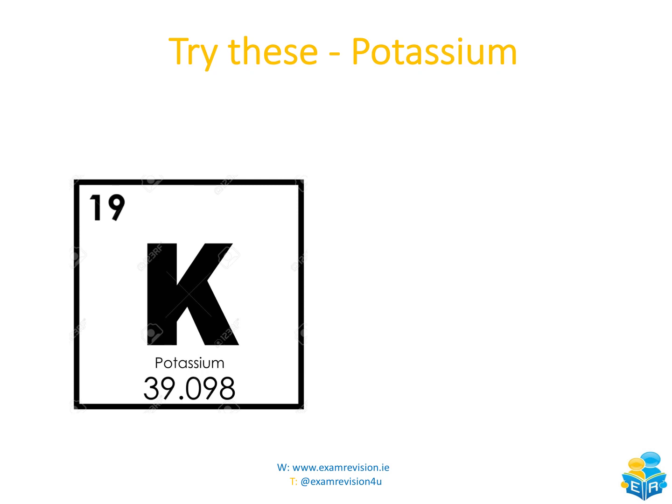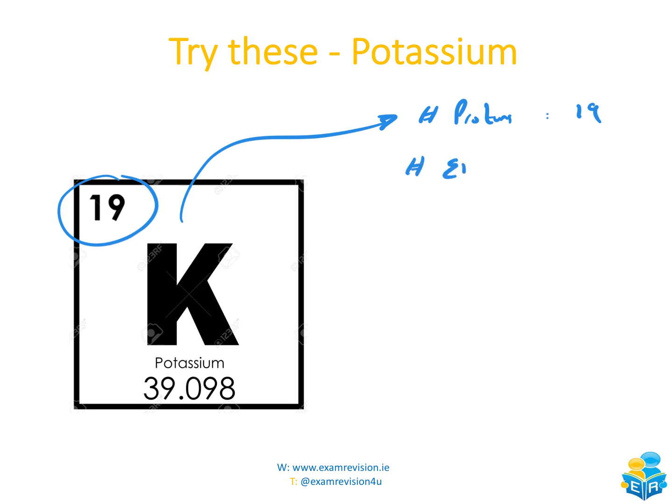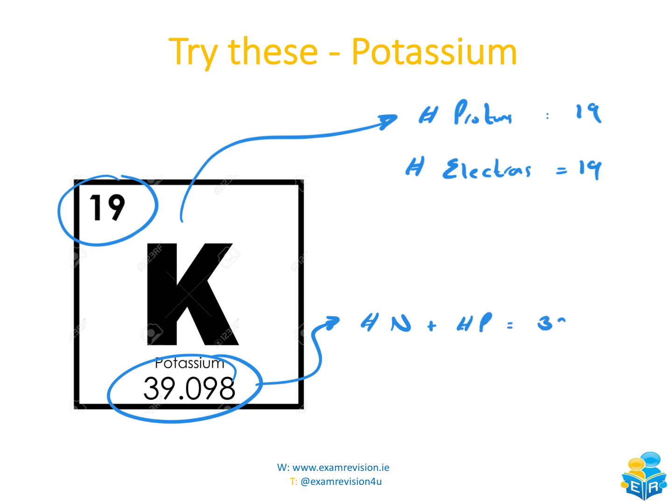So this is potassium. This atomic number up here tells us the number of protons is 19. It also tells us that the number of electrons is 19. And this number down here tells us that the number of neutrons plus the number of protons has to be equal to 39.